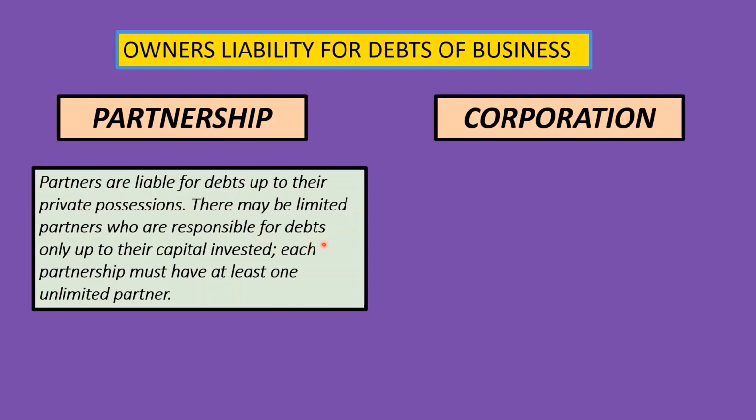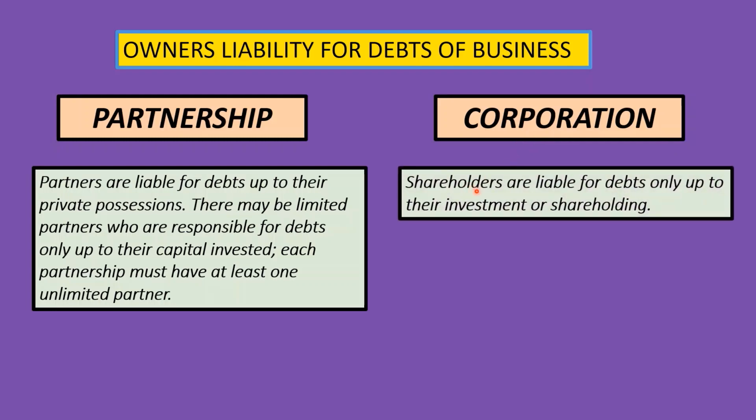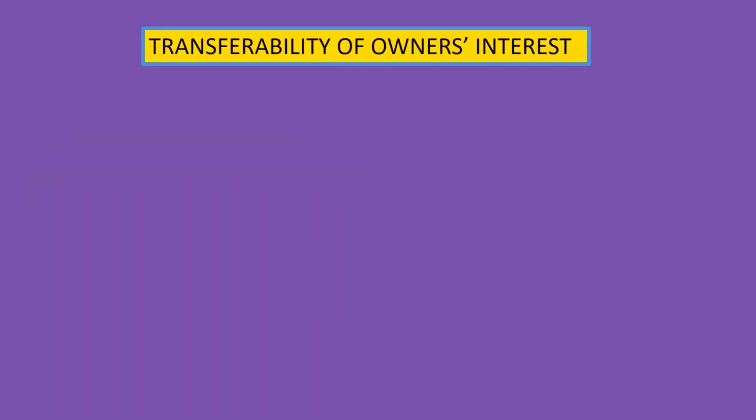In the corporation, shareholders are liable for debts only up to their investment or shareholding in the corporation. So they cannot lose their private possessions over the debts of the company.